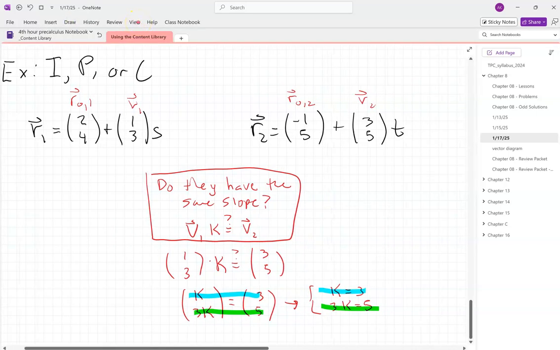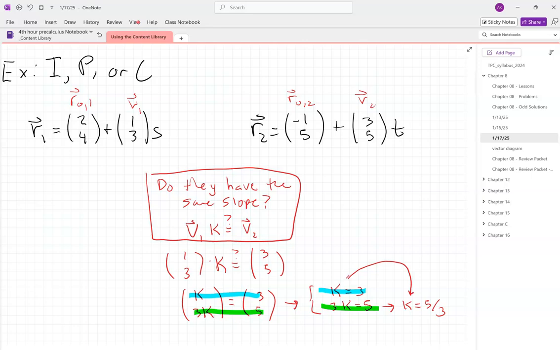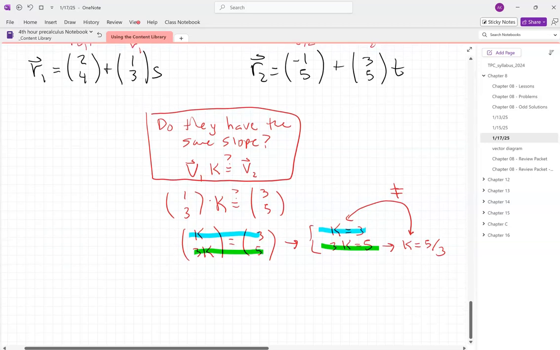Well, k equals 3, that one's solved. But if I divide both sides by 3 in the second equation, I have that k is equal to 5/3. Uh-oh, what do you notice? I didn't get the same answer, right? What is that telling you?